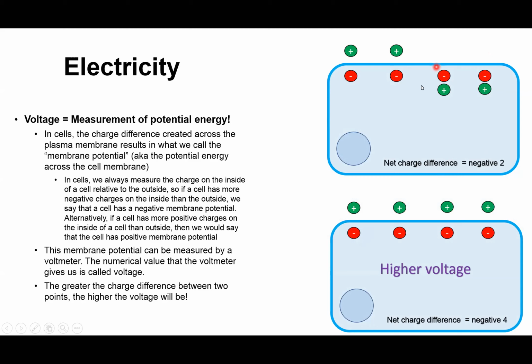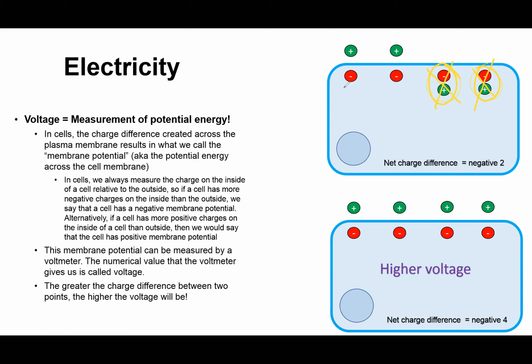Well, we can cancel out the charges here. These 2 can be canceled because they balance each other out, okay? So we're going to just pretend like those aren't there, all right?